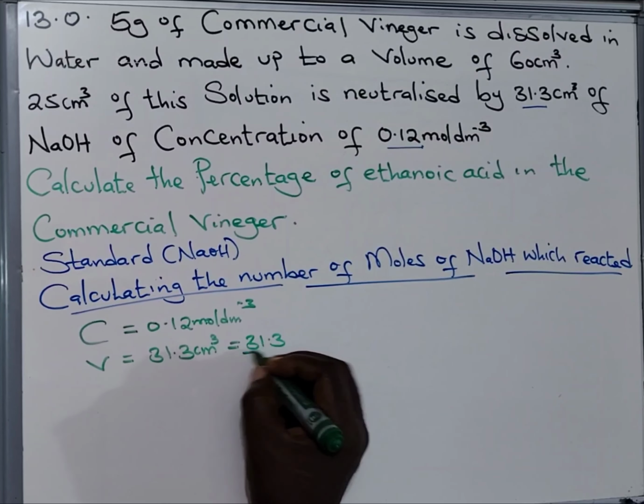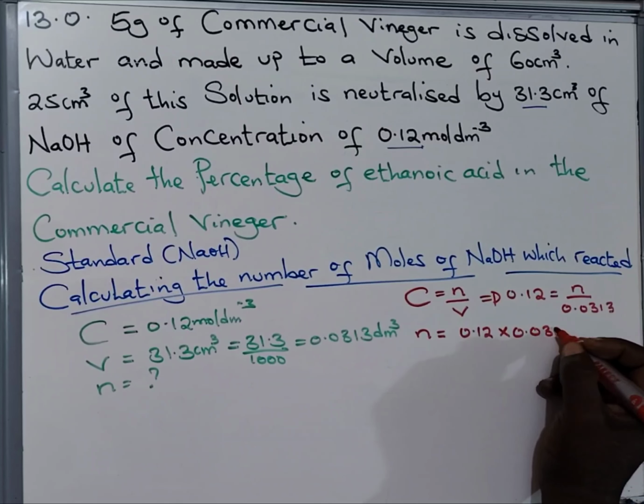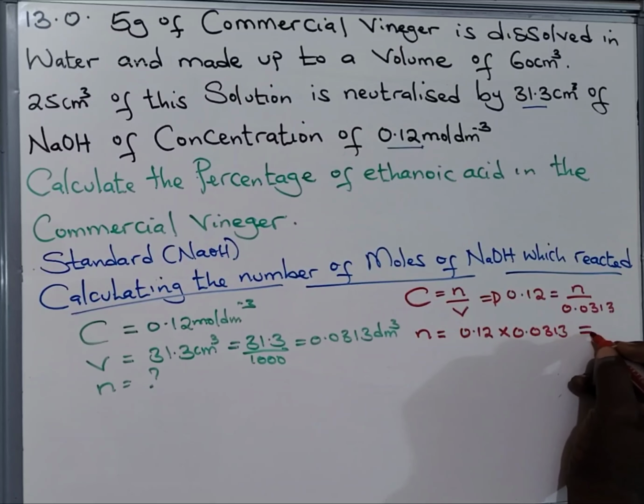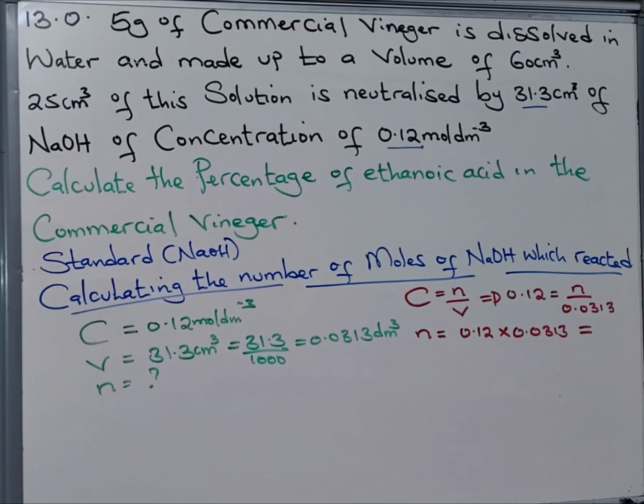So number of moles is going to be 0.12 times 0.0313, giving you what? The number of moles which reacted. So we know now the number of moles of our standard, of our sodium hydroxide which reacted.